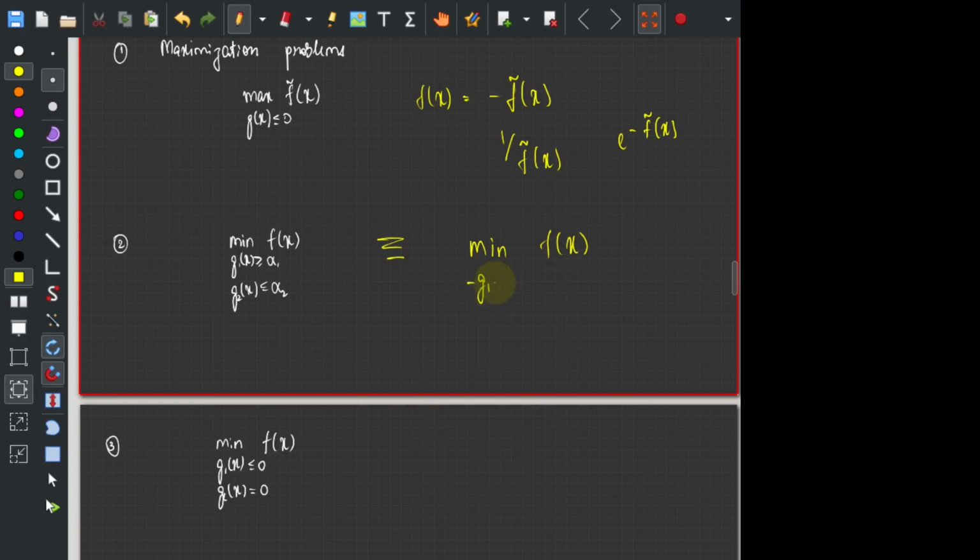Minus g1 of x plus alpha 1 is less than or equal to 0. The second constraint would be g2 of x minus alpha 2 is less than or equal to 0. Right, great. So it means that as long as I have a bunch of inequality constraints, I can again bring it down to this standard form that I had represented.